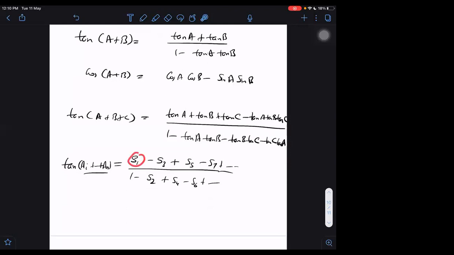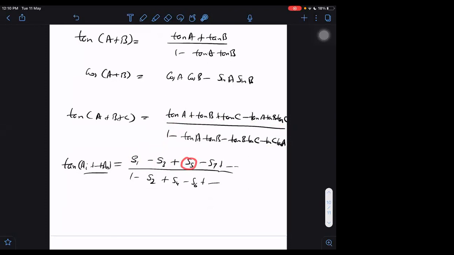What does S1 mean? S1 means taking one trigonometric ratio at a time. What does S3 mean? Taking three together. For example, if I have ABC, BCD, DCA, taking 3 at a time. What about 5? Taking 5 at a time.